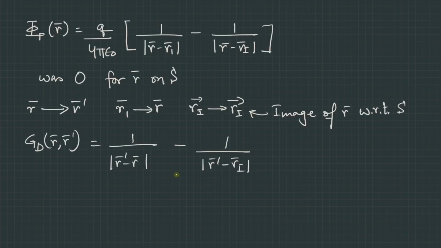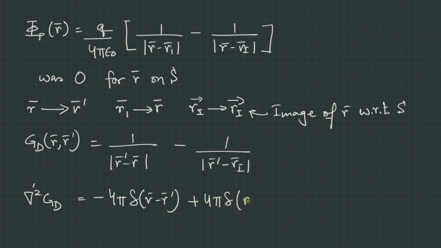So you can already see the reason why we have taken our Green's function in this form, because now if we take its Laplacian, it will simply come out to be minus 4 pi delta of r minus r prime, and this will be 4 pi delta of ri minus r prime. And if you notice by the problem, this r prime can never be equal to ri.